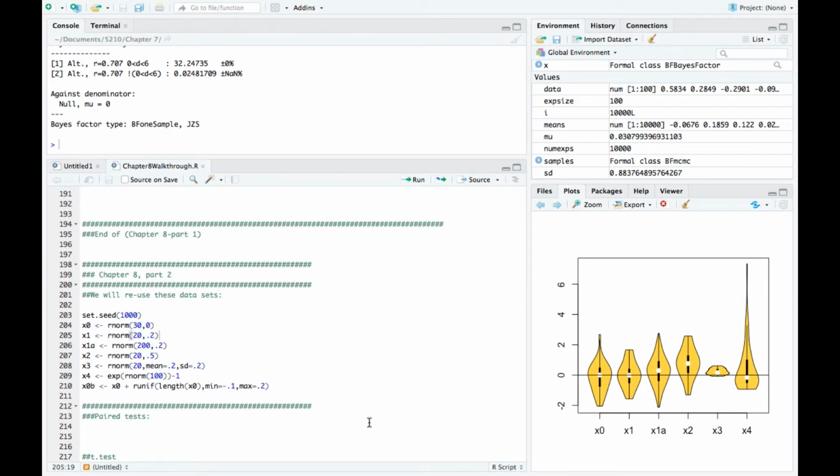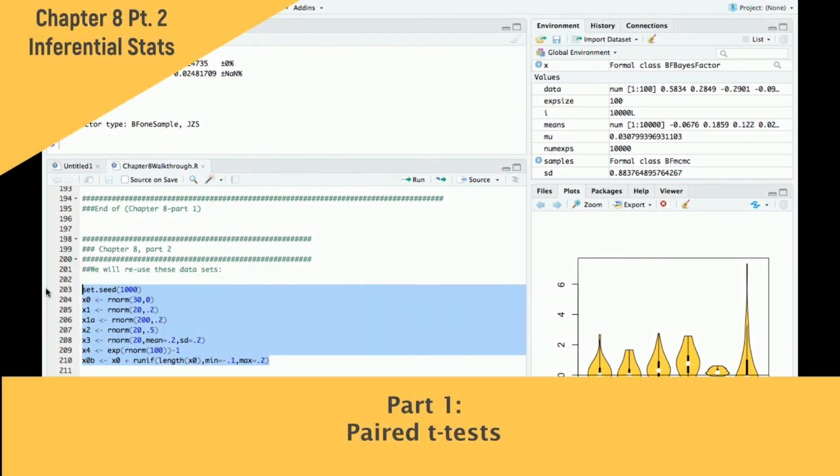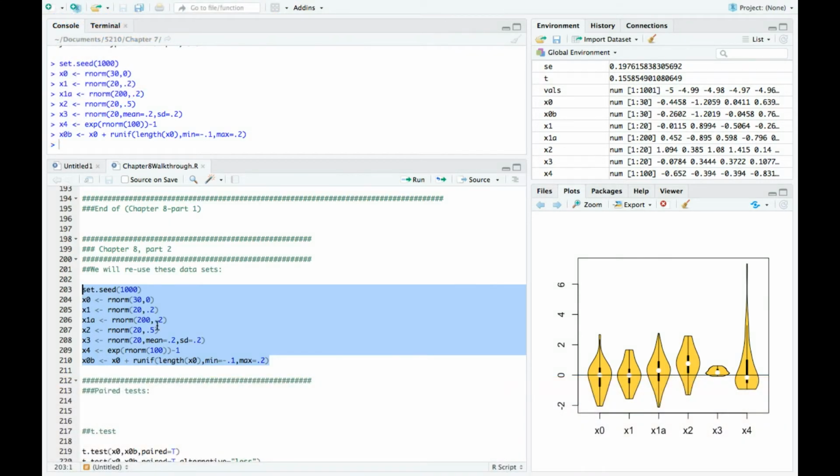So we're going to continue and cover paired tests, paired t-tests, and also independent samples t-tests, and then move on to tests of correlation and tests of categorical association, and then finish with some other issues like how to compute effect size.